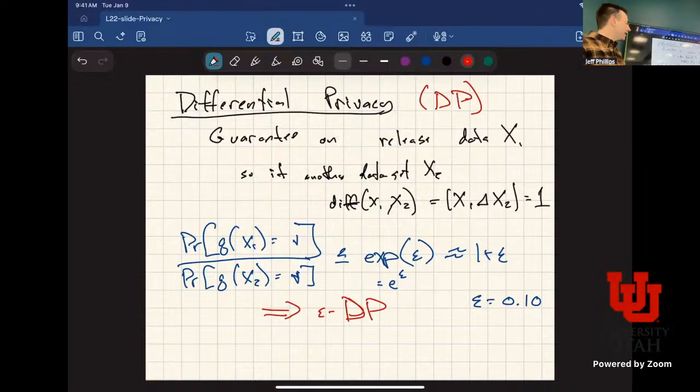I don't know if my data is included there or not, or it's hard to tell. I might think it's probably included as opposed to probably not included, but I'm not that sure, because the probability is roughly the same whether it's included or not. So the goal is to release the data sets so that I don't know if my data point is in there or not. No matter what query I ask from a family of queries, I don't have very high confidence that it includes my data.